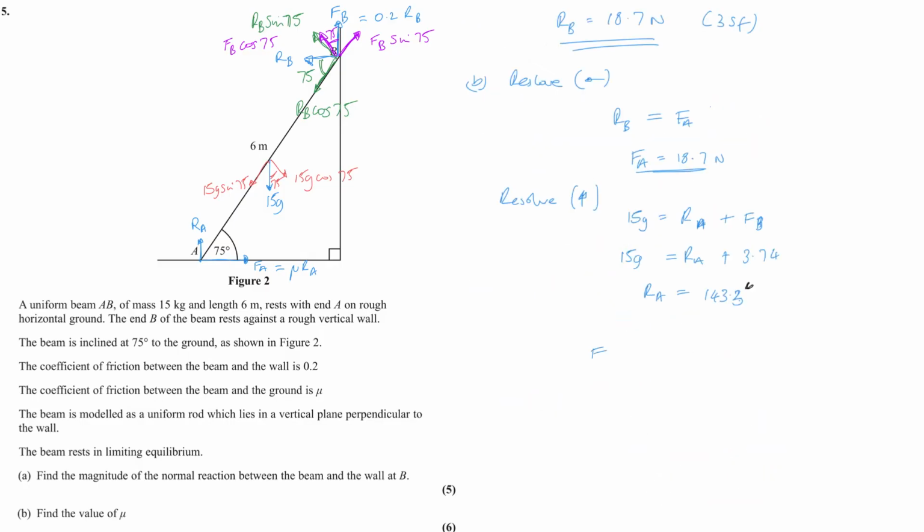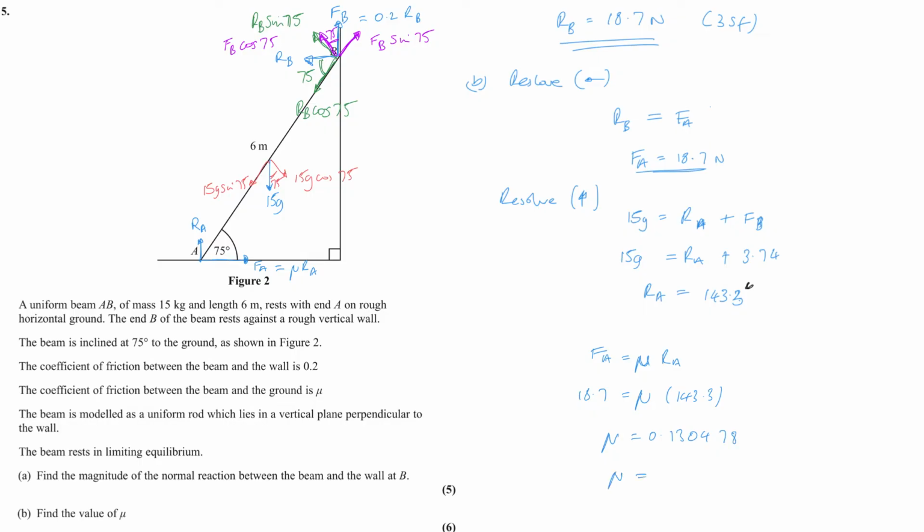Now FA equals mu RA, and we know that FA is 18.7 and RA is 143.3. So the 18.7 that we had earlier, divided by what I stored as C, mu equals 0.130478, and so on.